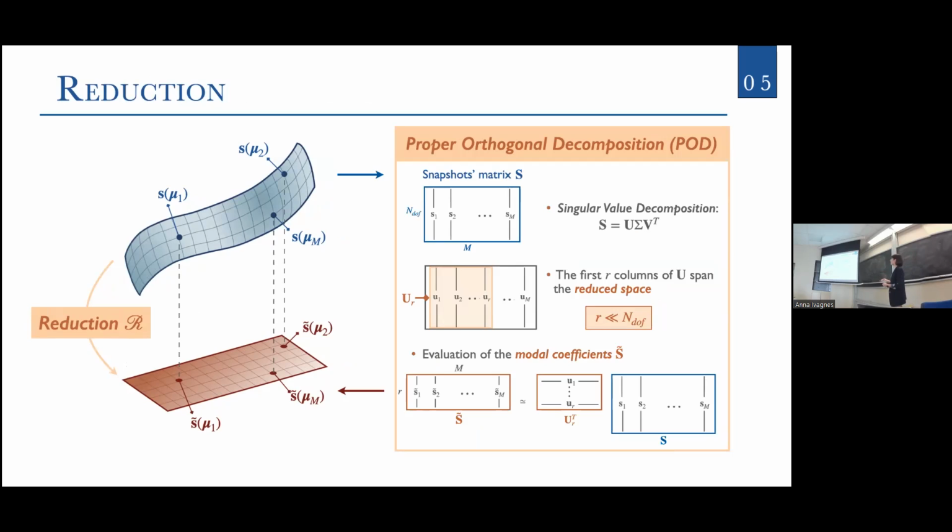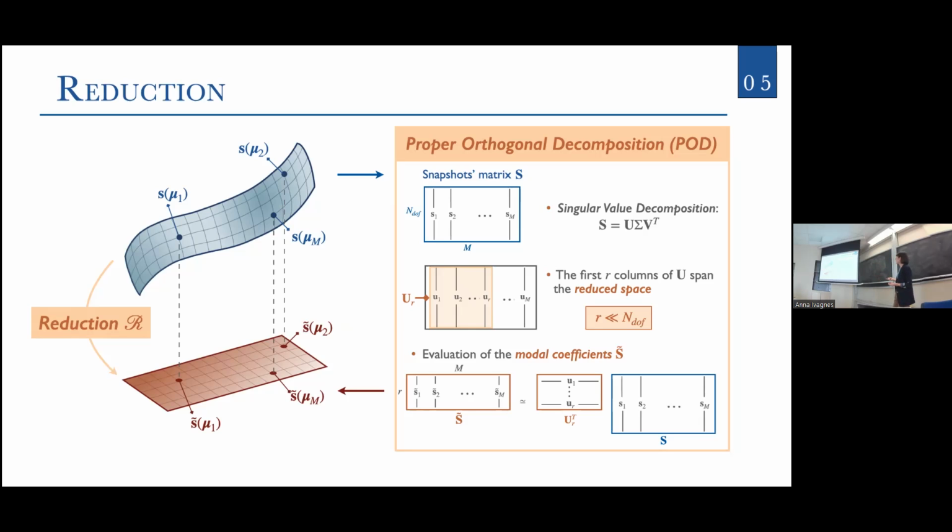Basically, you start from a matrix of all your snapshots, the solutions S1, S2, up to Sm. And of course, this matrix is very, very big, so you have an initial space with a high number of degrees of freedom, as I said before. And so you may want to decompose this matrix, and you apply, for example, a singular value decomposition.